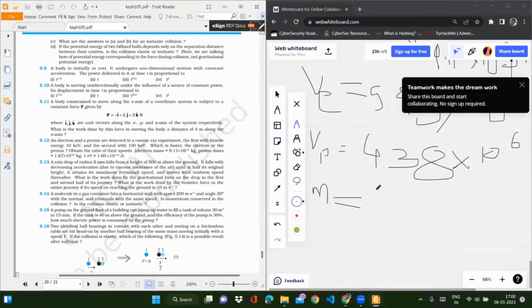So we have to use the formula for mass, which is V into rho, where V is volume and rho is the density. The density of water is not given, but commonly we take it to be 1000 kg per cubic meter. So that is what we will be taking here.